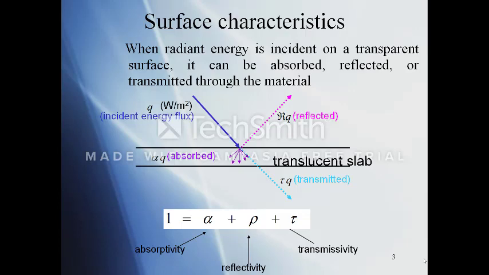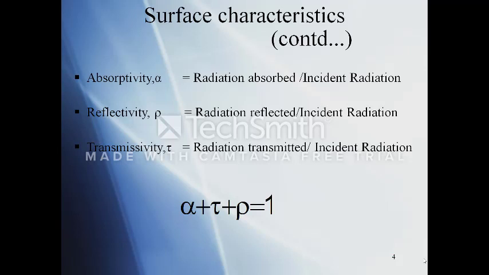From this, we can define three properties: absorptivity, reflectivity, and transmissivity. We'll see one by one. Absorptivity can be defined as the ratio of the amount of radiation absorbed by a surface to the total amount of incident radiation. Alpha is the notation for absorptivity.